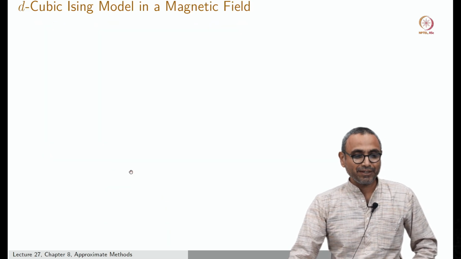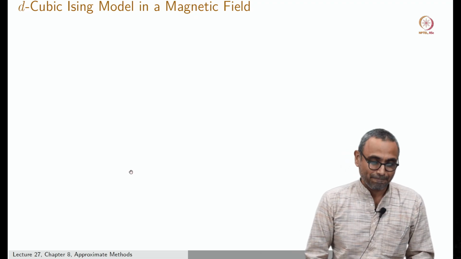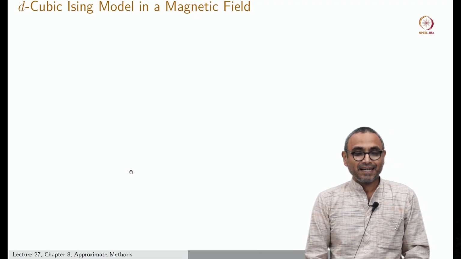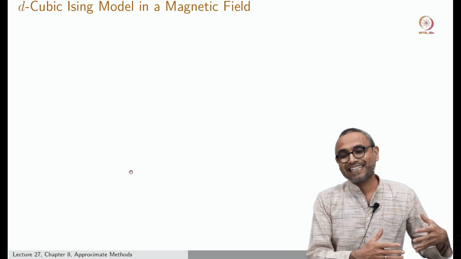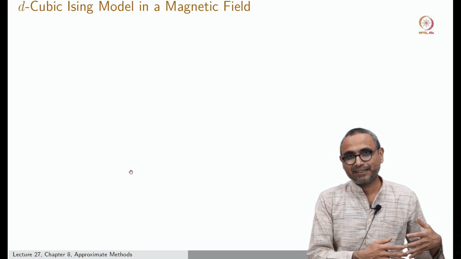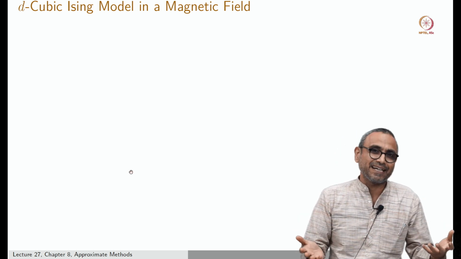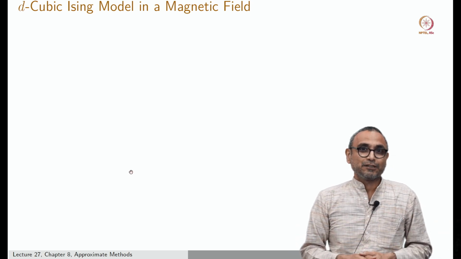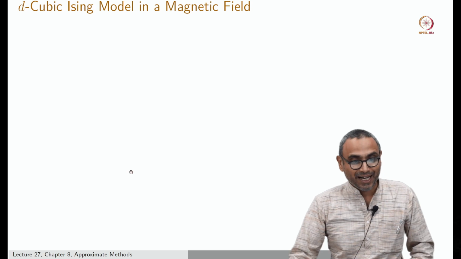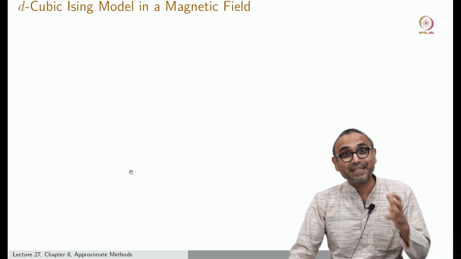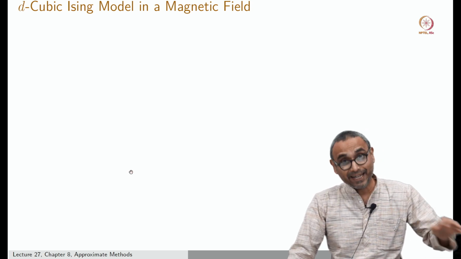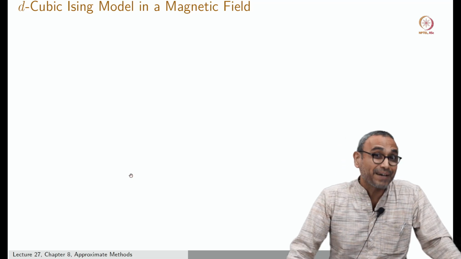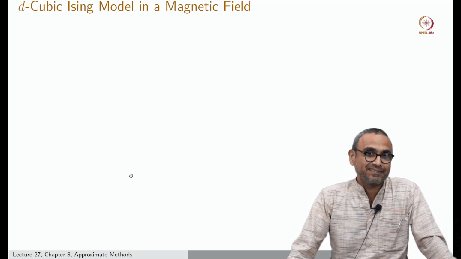Okay, what else can we find? You can see that the result that we have there in the previous slide is something that we already had found using the Feynman variational principle. So now what I am going to do is ask what happens to the Ising model if I have an external magnetic field which now breaks Z2 symmetry.